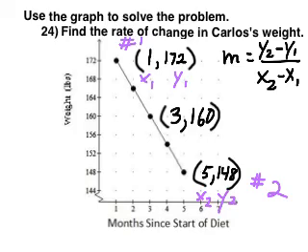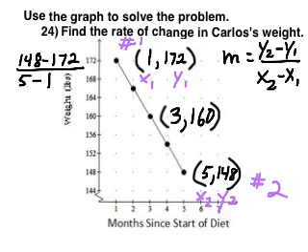See, so now doing that allows us to just plug in the information into our formula. So y2 is 148. So we have 148 minus our y1, which is 172, over x2, 5, minus x1, which is 1.